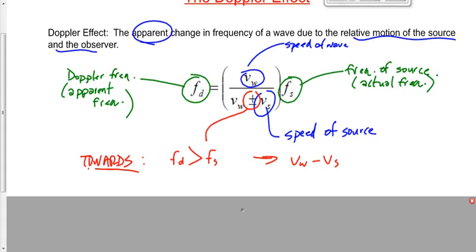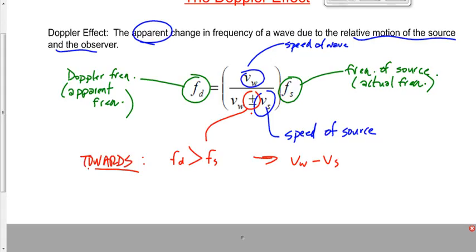I've got to think about that story that I told you guys about me listening to the radio at the bottom of the hill. That's how I figure out whether the diffraction is more or less given a higher or low frequency. Sometimes I got to do that here too. Sometimes I don't remember whether it's supposed to be plus or minus, so I figure it out. In order to get a bigger Doppler frequency, I have to have a smaller number on the bottom. In order to have a smaller number on the bottom, I have to subtract.